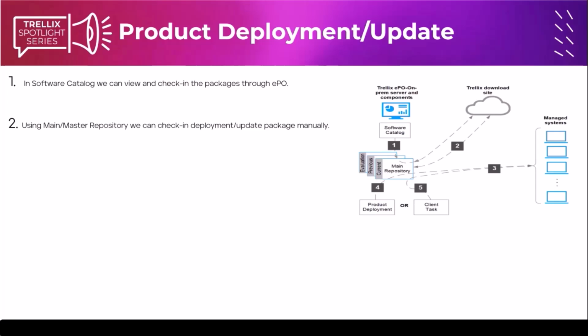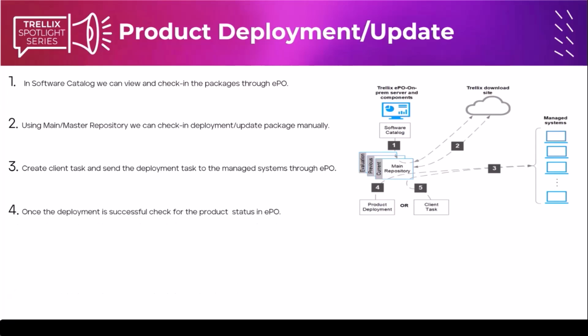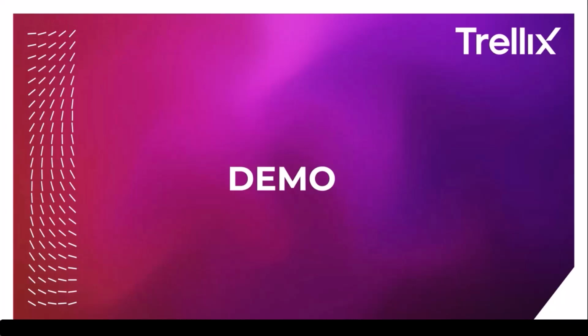Once the required package is checked in, we can create a deployment task and send it to the group or the individual machines as per our requirement. Once the product is installed, we can check the product status in the API. Let's now have a look at what we have discussed in the demo session.